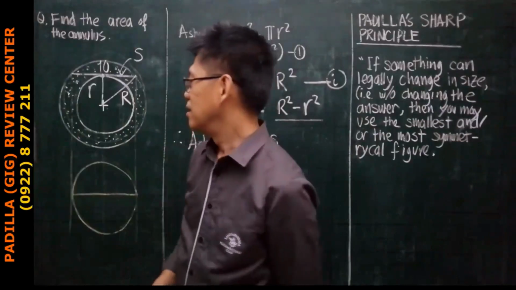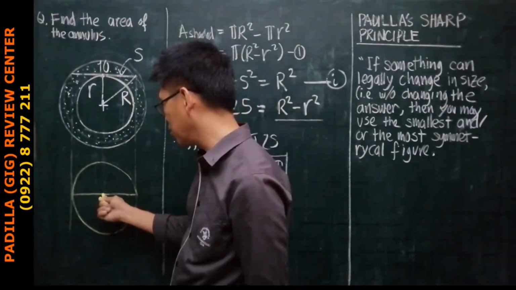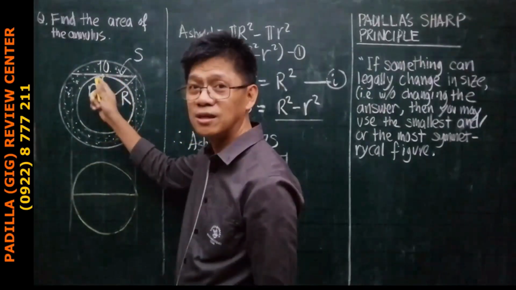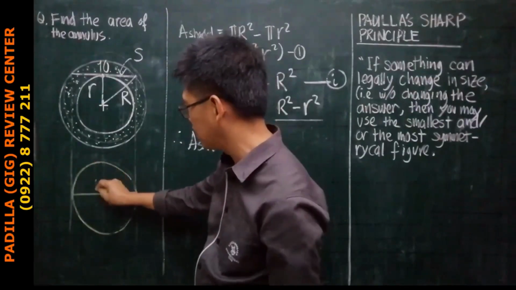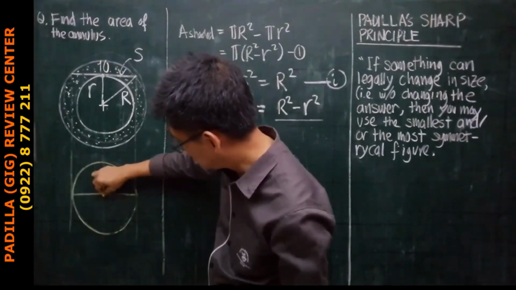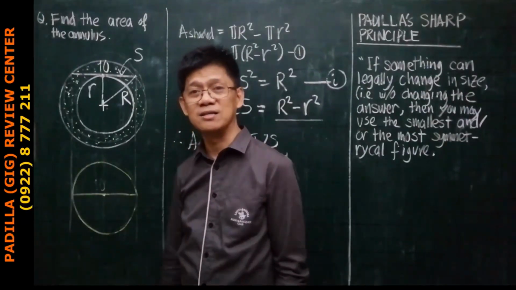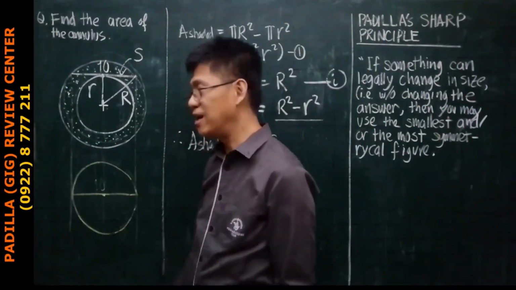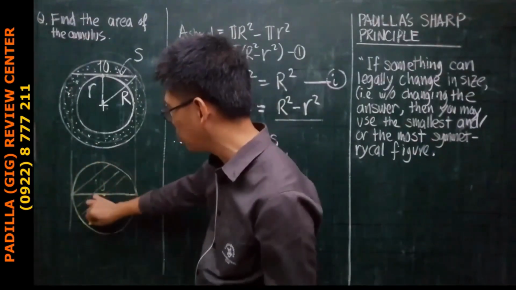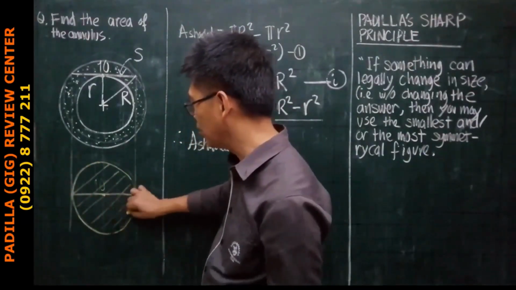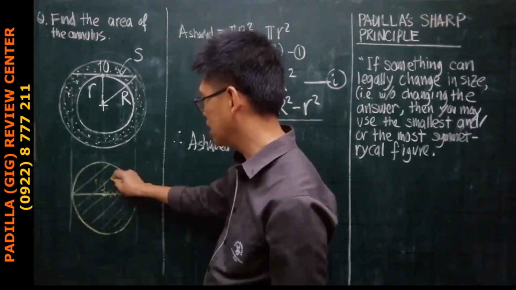Ngayon, now the small circle inside, whose center is here also, is tangent to this. So the smallest inside circle, tangent to this chord whose length is 10, is this circle whose radius is practically 0. And the annulus between the small circle and the big circle is practically this circle whose diameter is 10 and whose radius is 5.